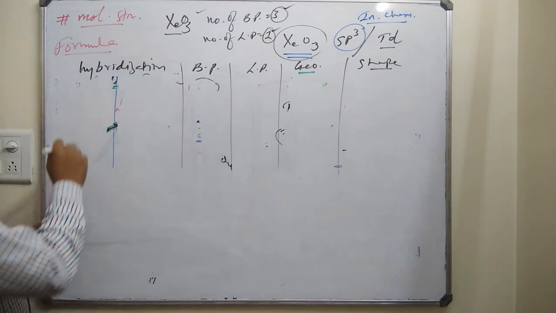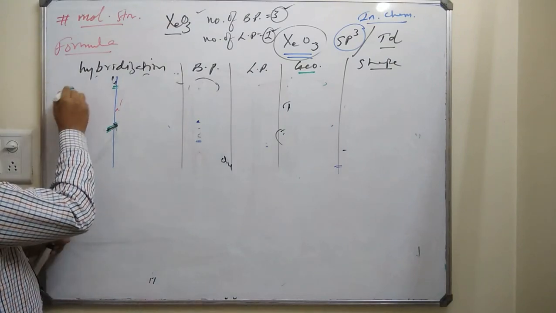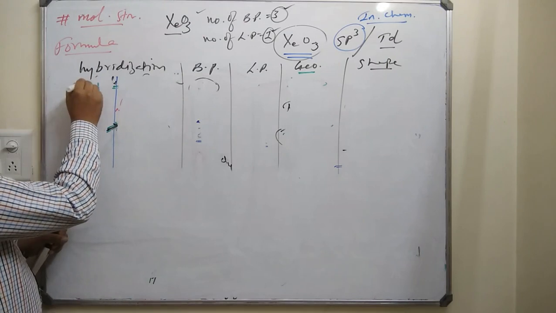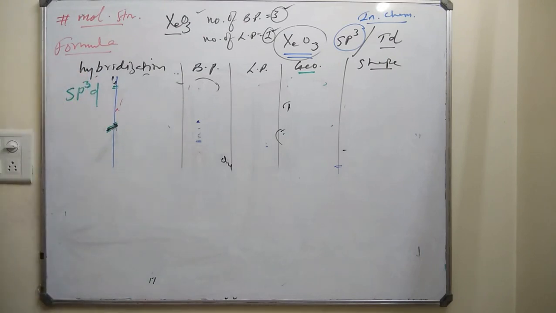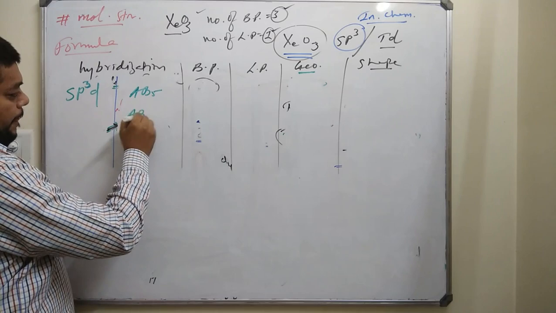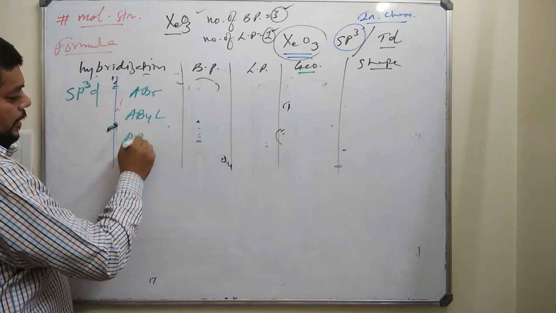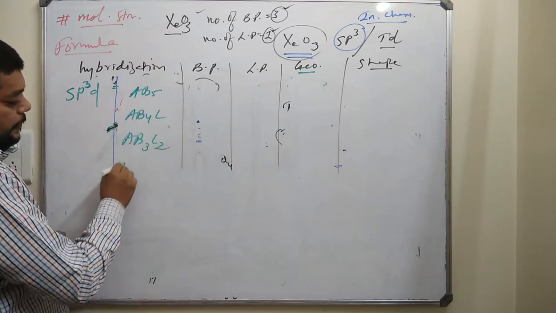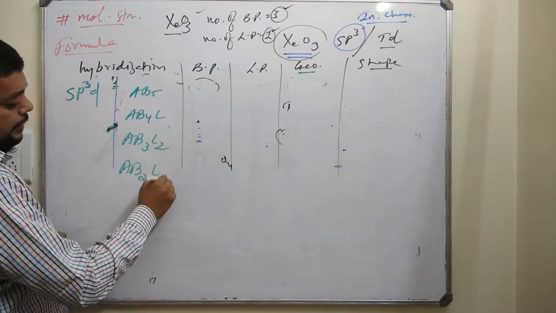Let us think of one more higher step, that is sp3d. When it will be sp3d, I will give you 4 different examples, 4 different combinations. AB5, AB4L, AB3L2, AB2L3.